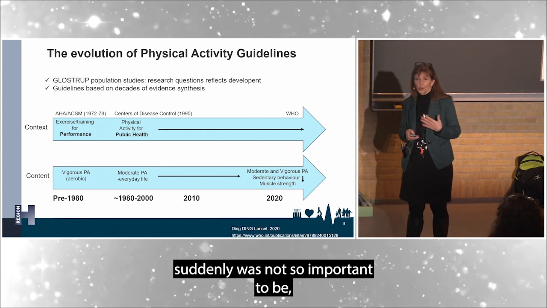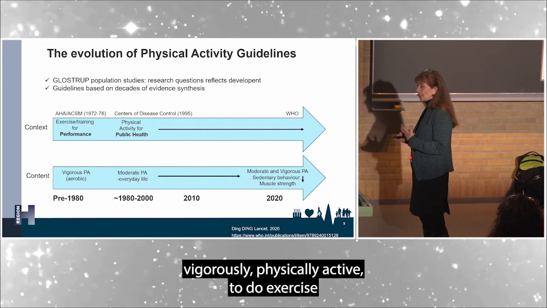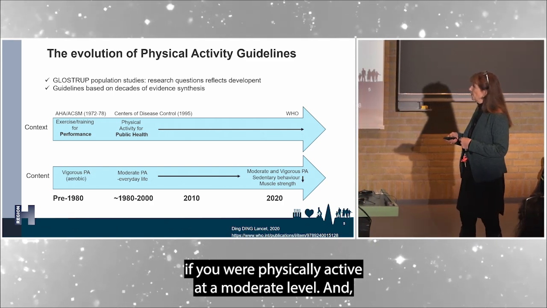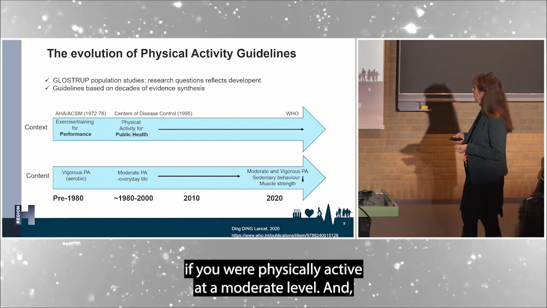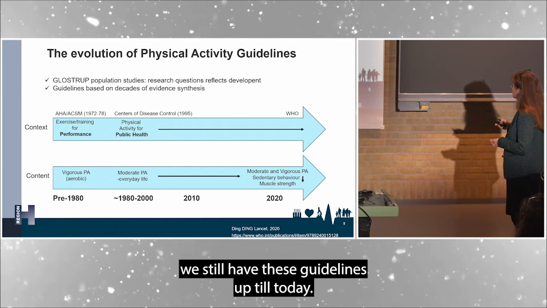Suddenly it was not so important to be vigorously physically active, to do exercise, and so you could achieve a lot health-wise if you were physically active at a moderate level. And we still have these guidelines up till today.